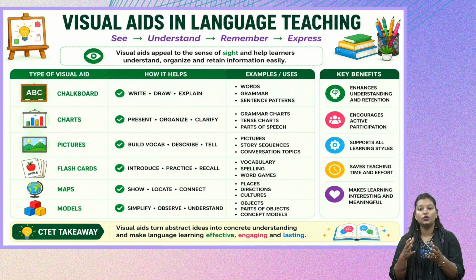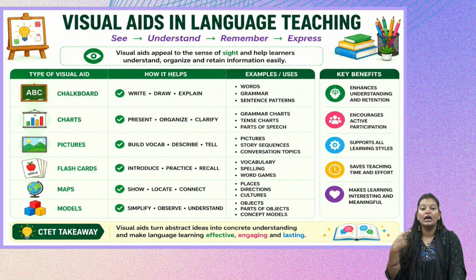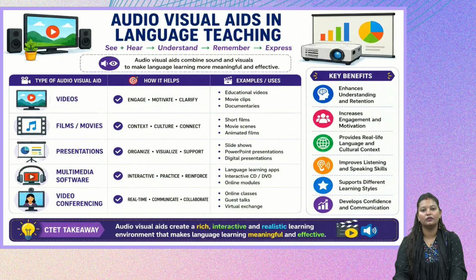When we use visual imagery simultaneously and also teach our learners how to use it in the classroom or to speak, another benefit is that it makes the learning interesting and more meaningful.